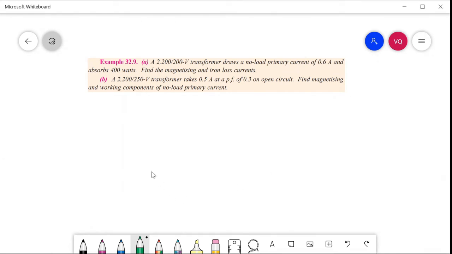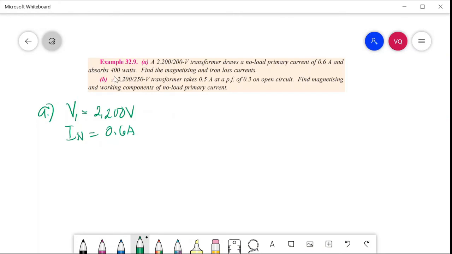Letter A, given, we have primary voltage V1 is equal to 2,200 volts, and primary current, that is your no load IN, is equal to 0.6 ampere.